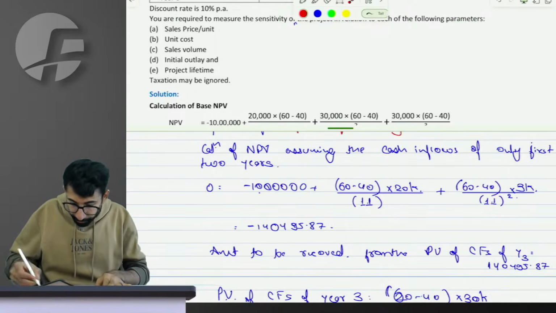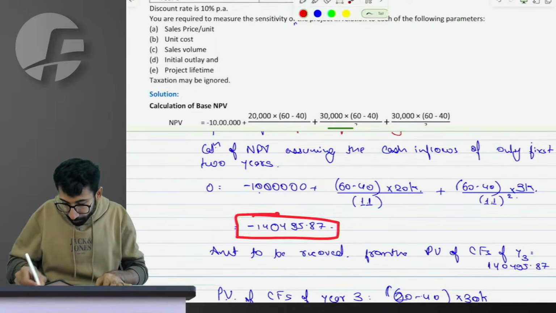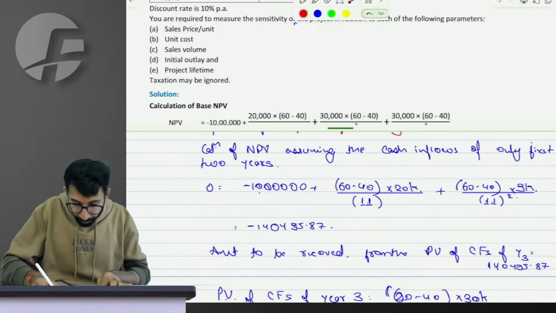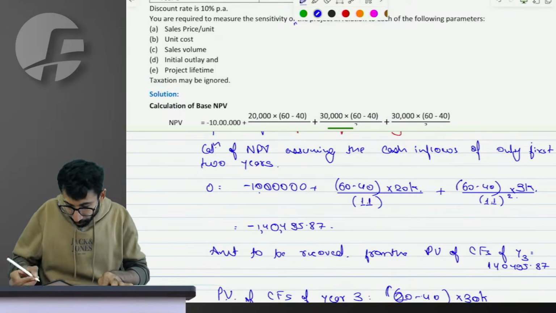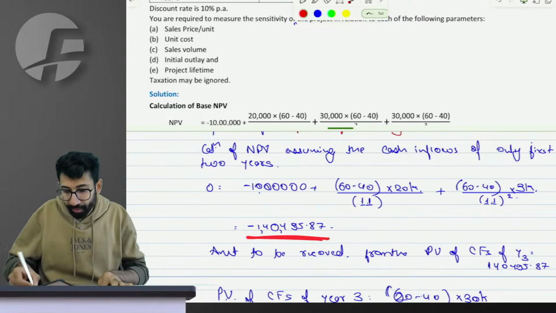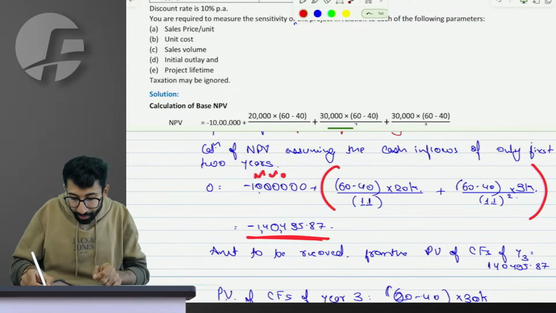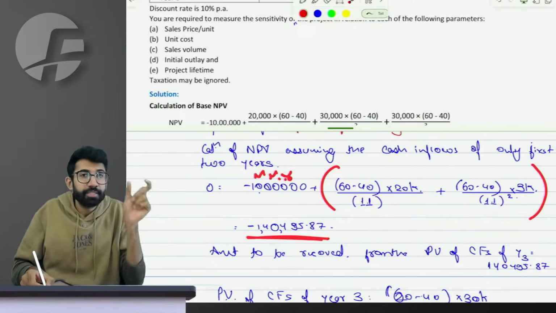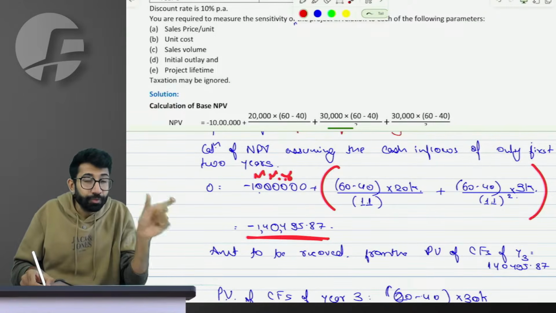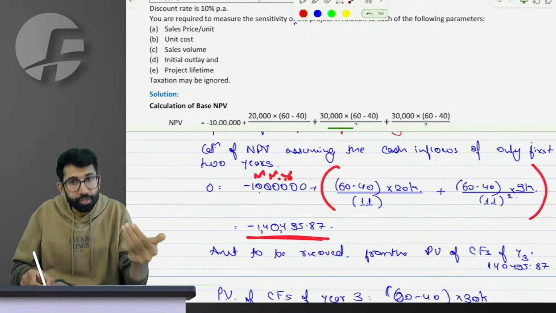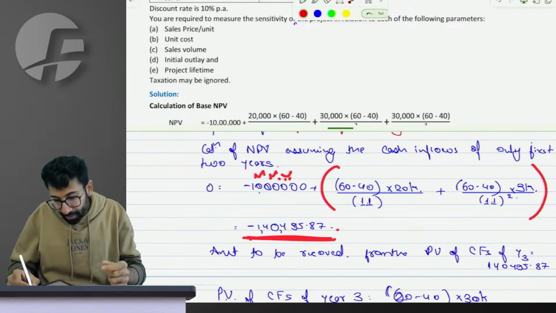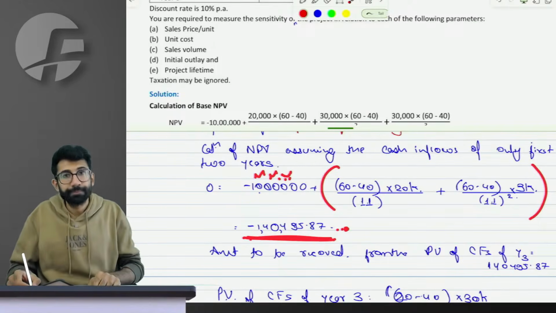So the negative NPV is 140495, meaning 1,40,495. Using the cash flows of 2 years, out of 10 lakhs, I am able to recover a significant value of the initial outflow. Only 1,40,495 I could not recover.